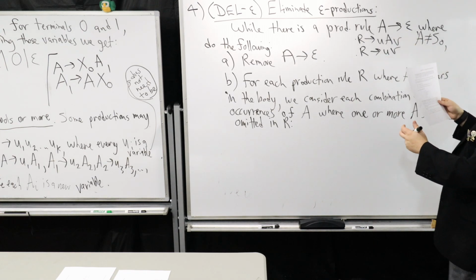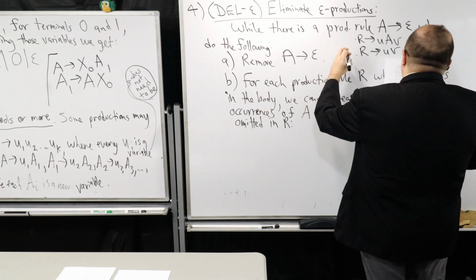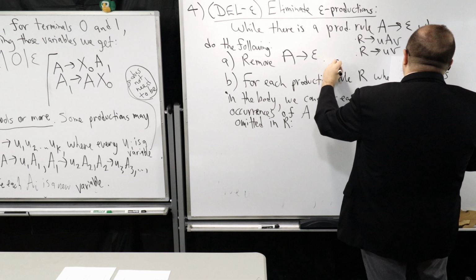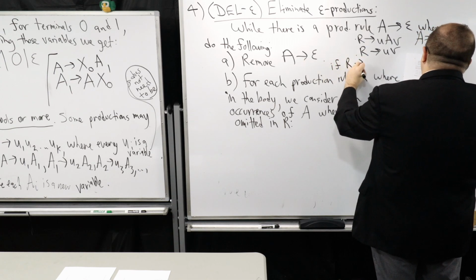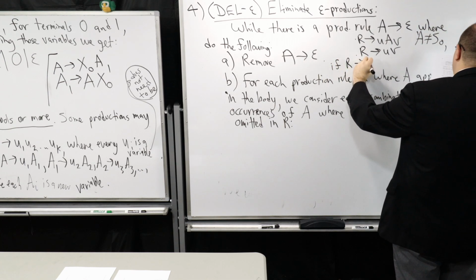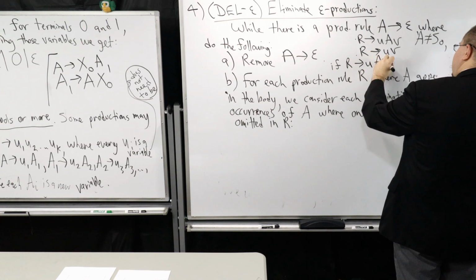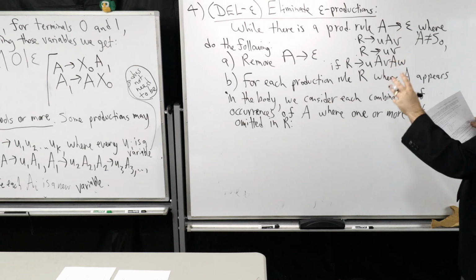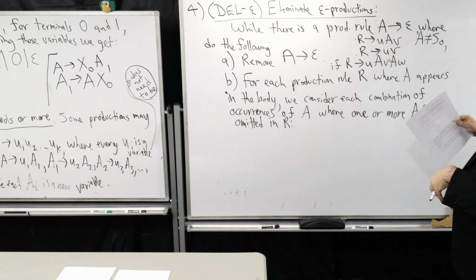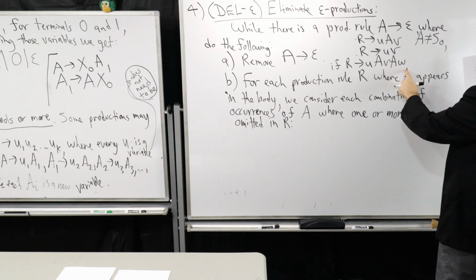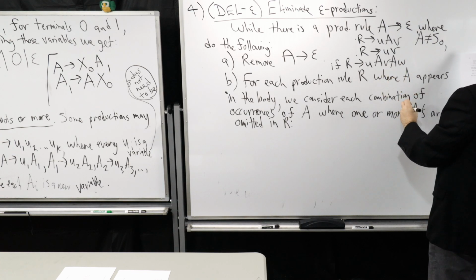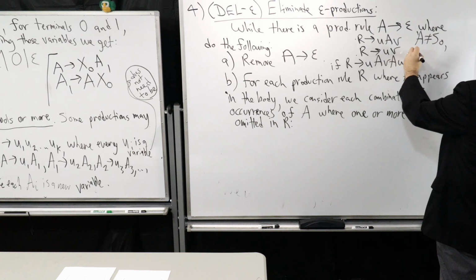So just to give you an idea, just another example of this. Suppose if I had, say for example, R, now we don't have it appear like this in our process, but it is very real and possible to have it if you were to apply this separately from some of the other steps I've done. Suppose you have U A V A W, where these are different strings of terminals and variables, and you have these two A's appear, then you would add three different rules.